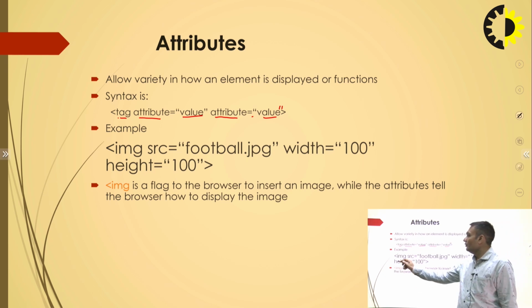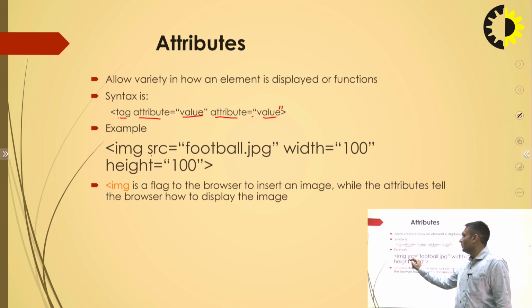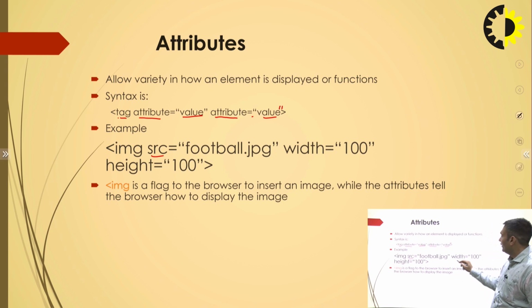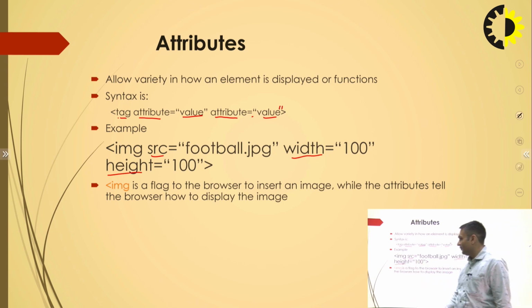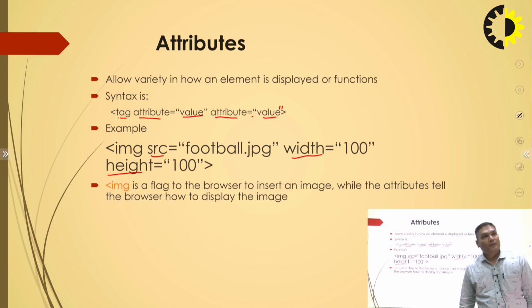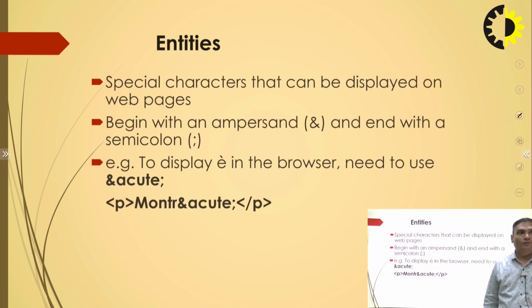So if I am using an image tag, the source is an attribute here, width is an attribute here, height is an attribute here. These are the attributes that are placed inside the tag and contain some values.